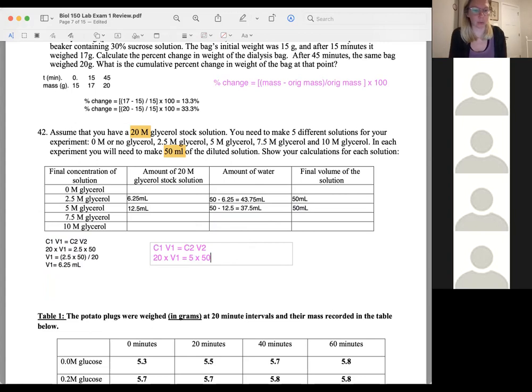So this is how we would set it up. 5 times 50, and then we're going to divide it by 20. And that is what will give us our 12.5 milliliters.